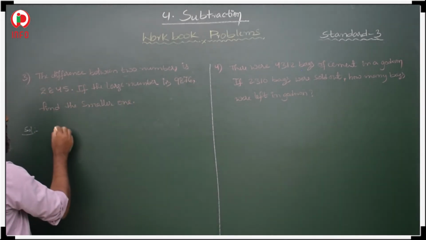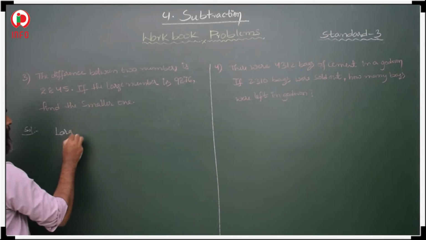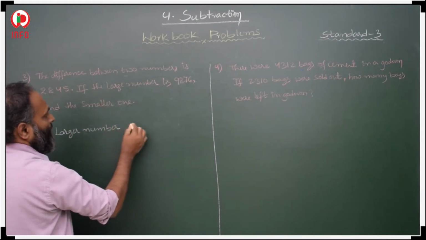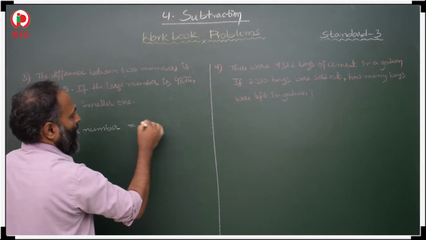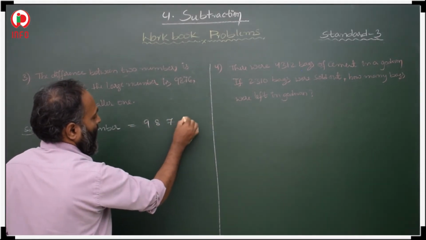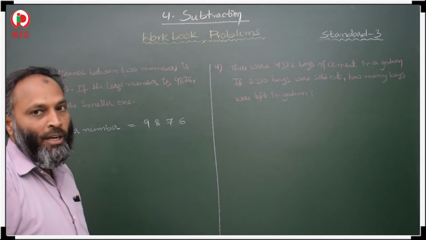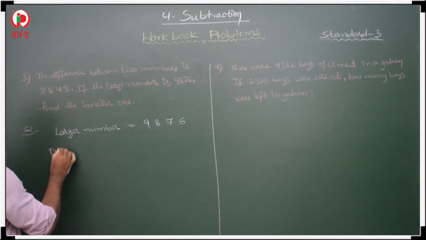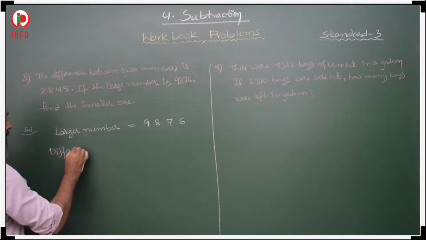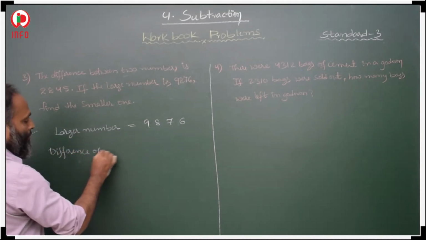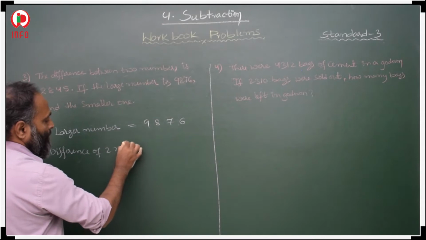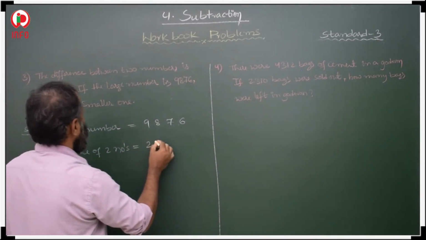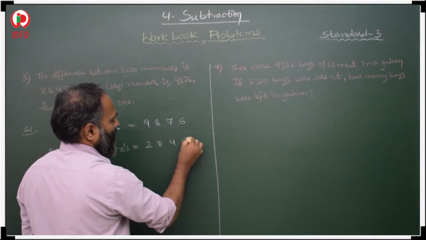What is the larger number? This is our minuend, the larger number. Then the difference of two numbers is 2845.